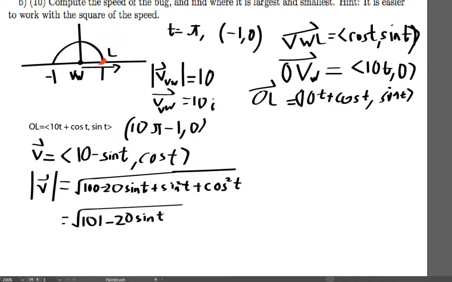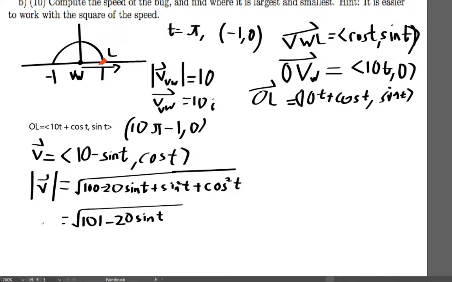When you take the speed squared, you could take the derivative of 101 minus 20 sine t, which would be negative 20 cosine t, and figure out where it is 0.